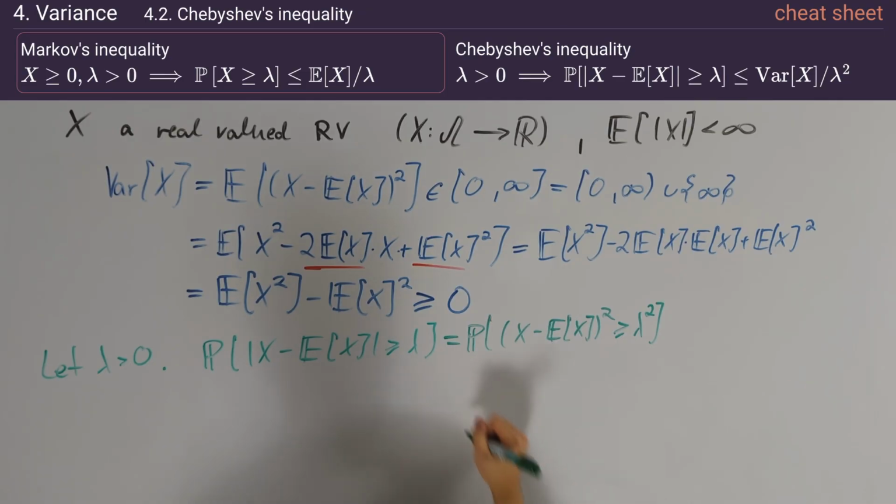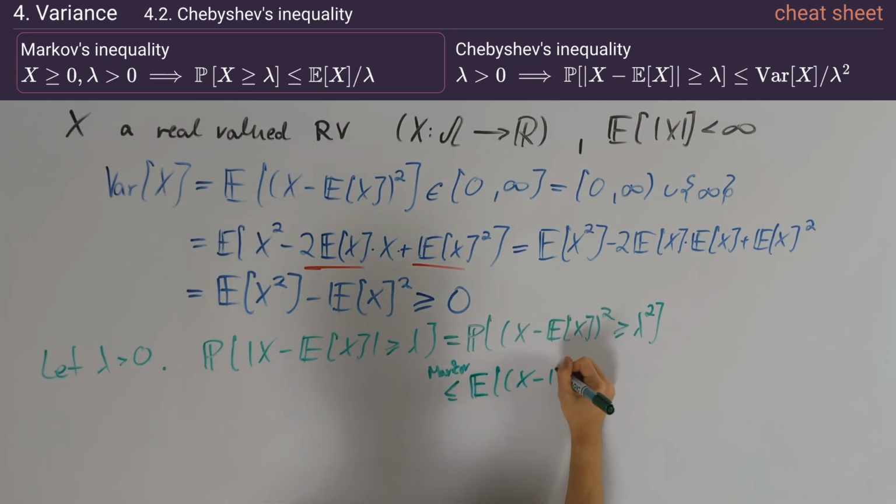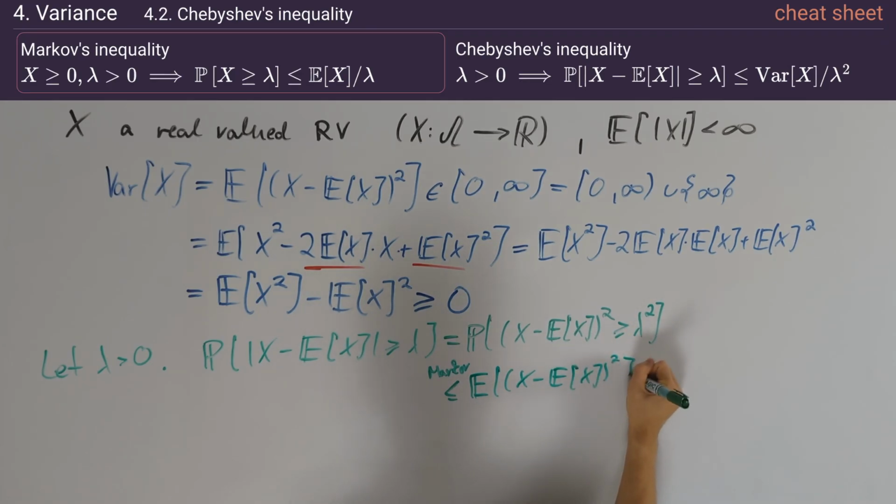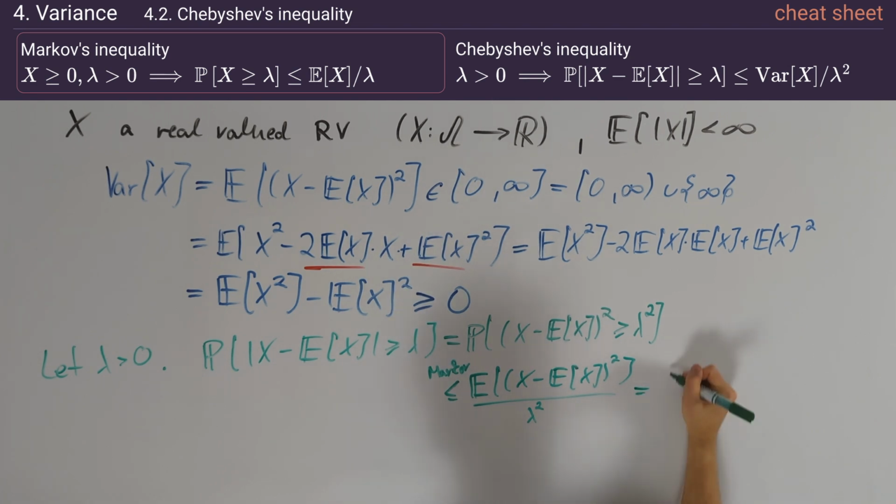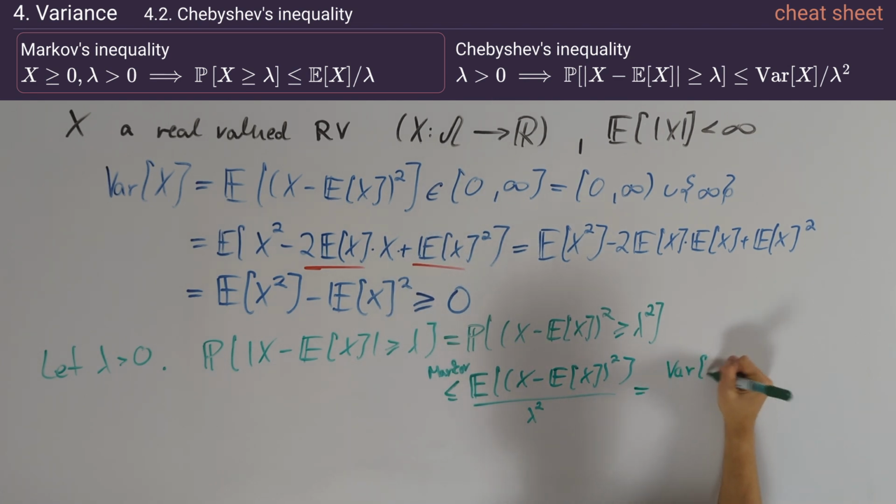Therefore, it follows by a direct application of Markov's inequality that our probability is less than or equal to the expectation of (X minus EX) all squared divided by lambda squared. Since the numerator is just the variance of X, we have proven the desired result.